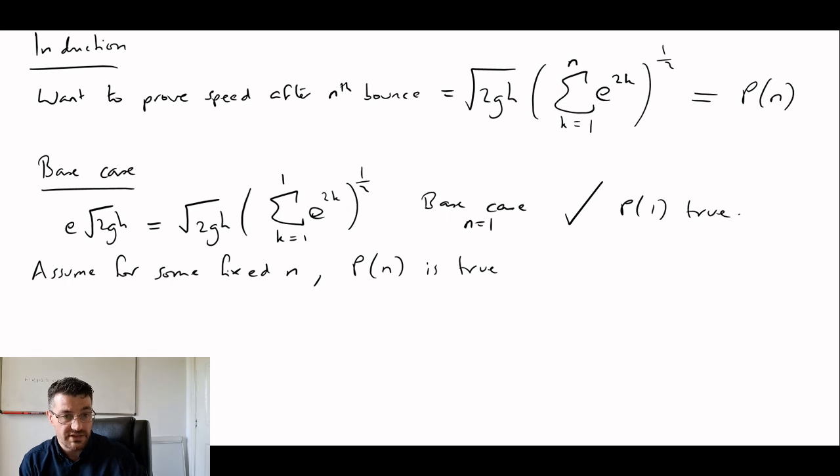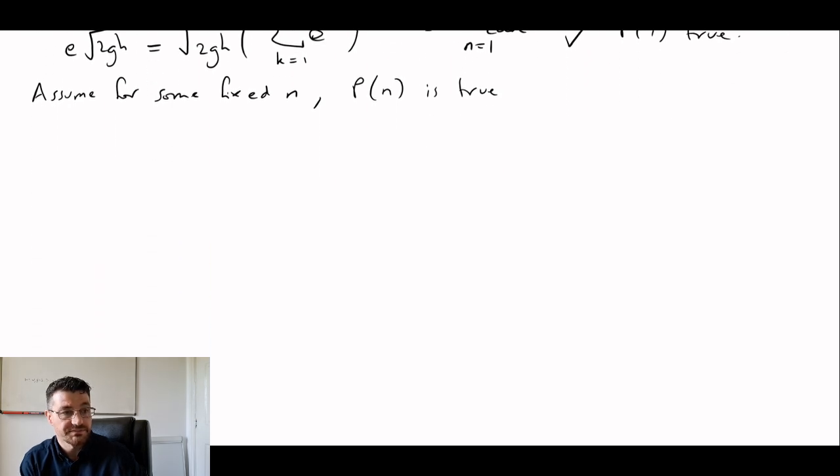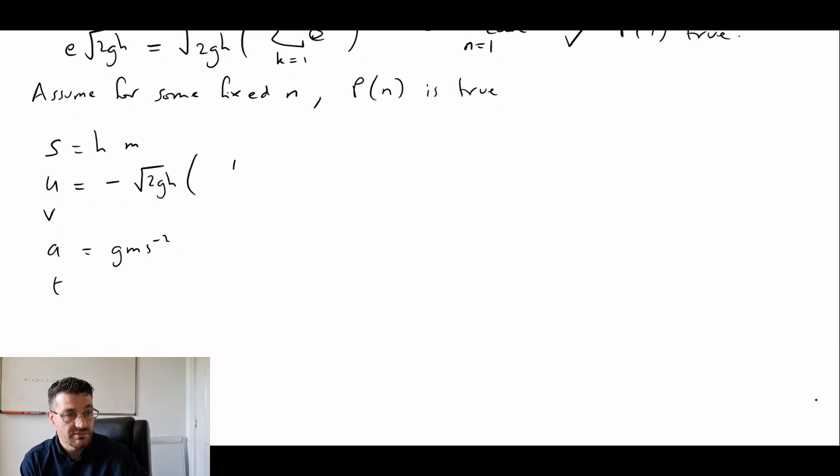So suvat, let's scroll down a little bit so I've got a little more space. s is going to be h meters. Acceleration is g meters per second squared. u is equal to minus root 2gh times the sum from k equals 1 to n of e to the 2k, all to the half. v is equal to question mark.